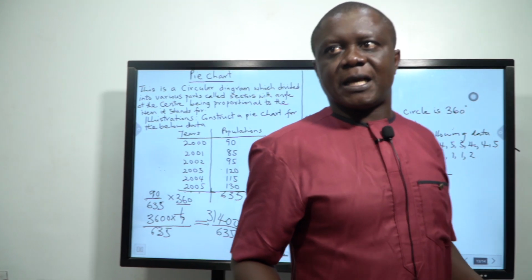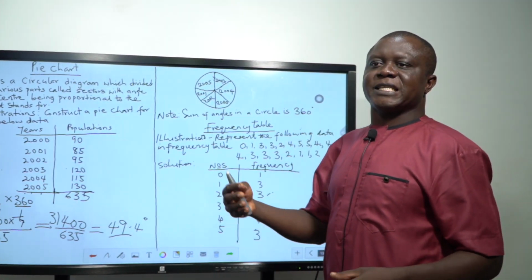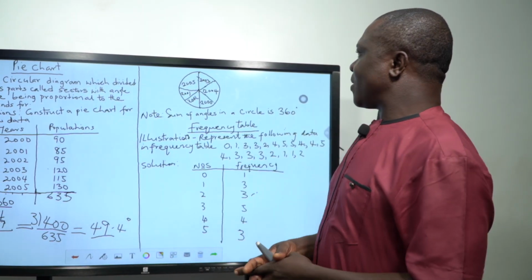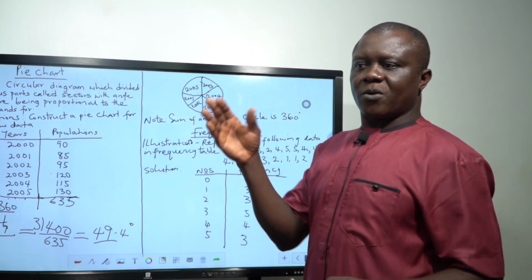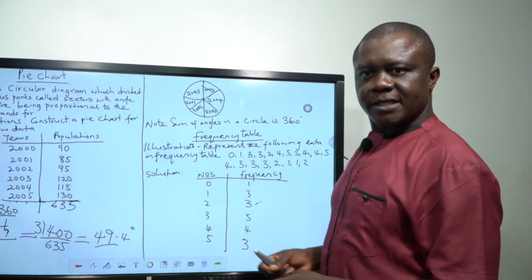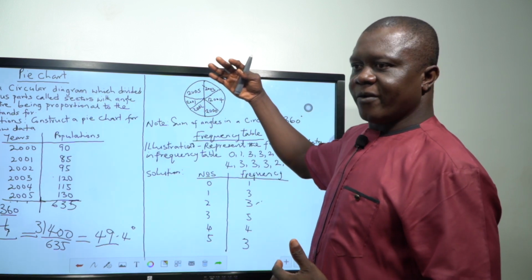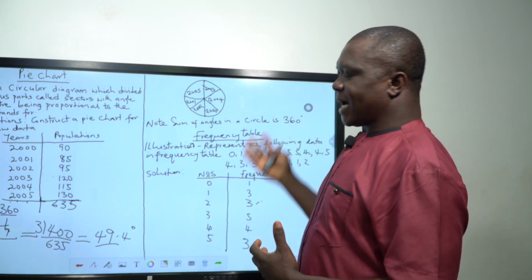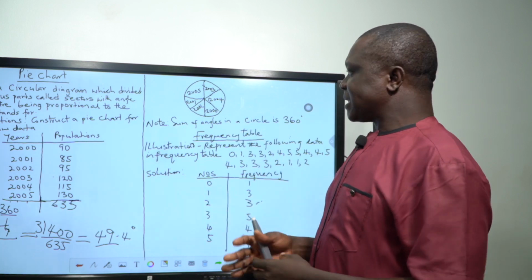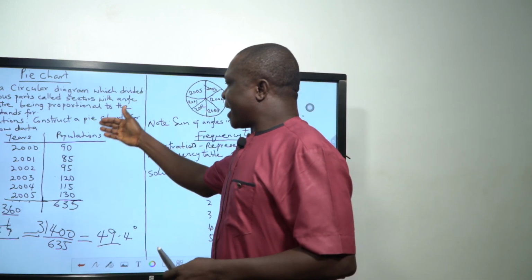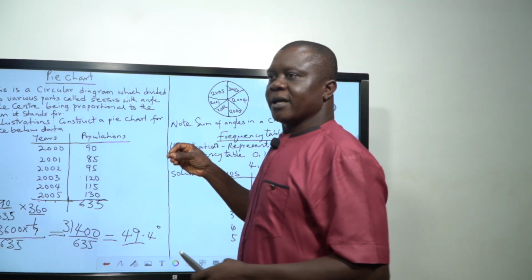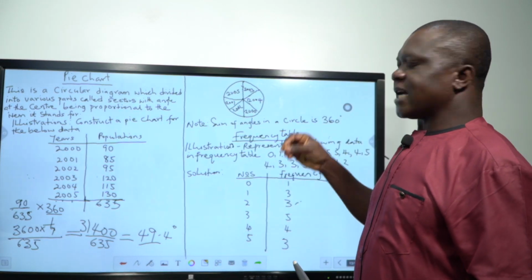Circular in the sense that it is represented inside a circle, and the circle has a total sum of angles equal to 360. If you go to your note, you will see where I gave the properties of a pie chart, and I solved how you can get the sectorial angle for each item.